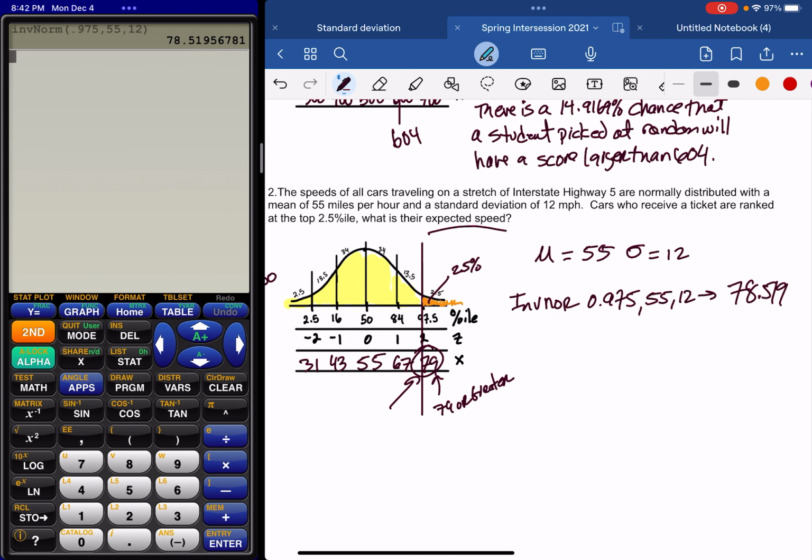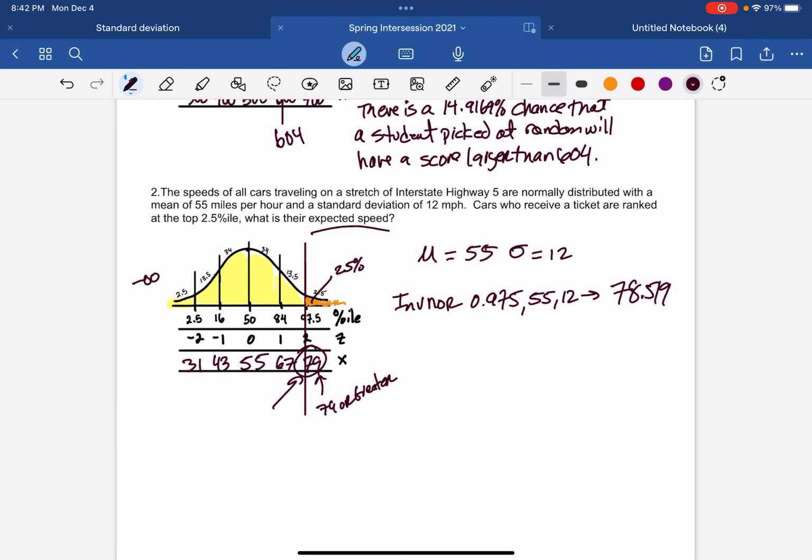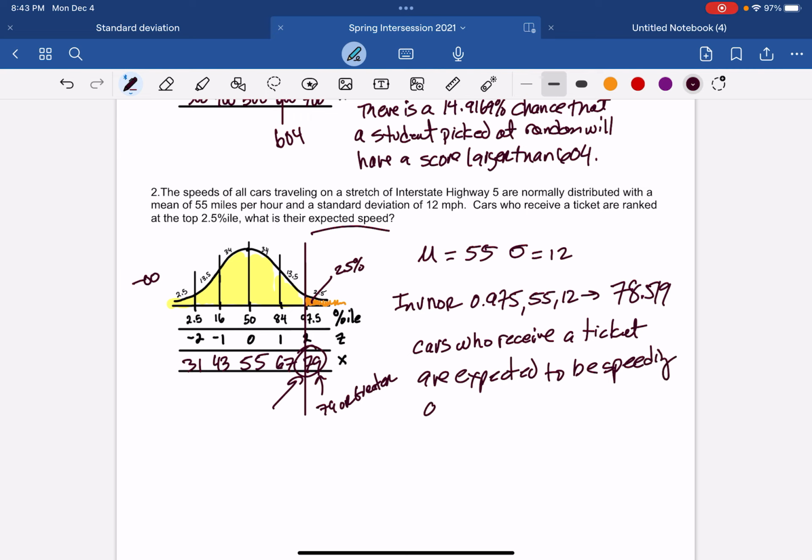We get an answer of 78.519. So that means cars who receive a ticket are expected to be speeding at or above 78.519 miles per hour.